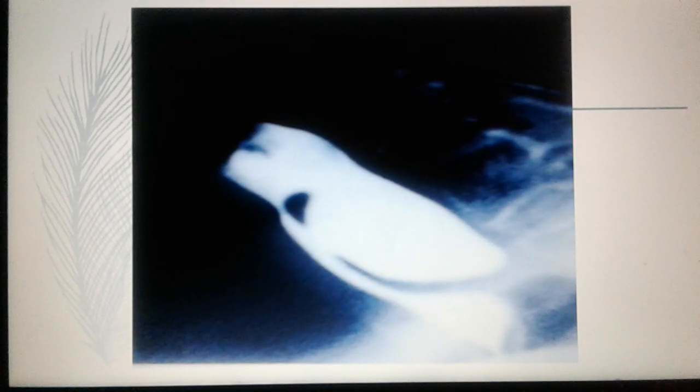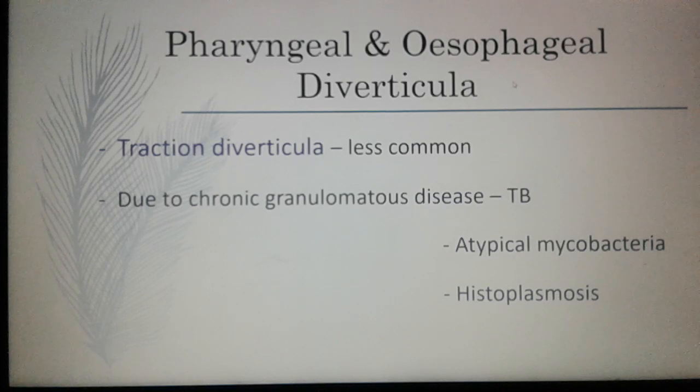Like in this X-ray film, you can see a large pulsion diverticula. Here you can see, can you see this?